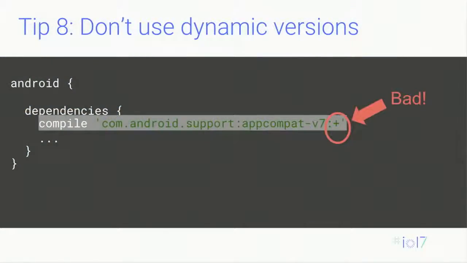Now, tip 8 is that you should not use dynamic versions. Gradle provides a very convenient way for you to tell Gradle that, hey, I want to use the latest version of this library through this plus symbol here. Now, it's bad for a couple of reasons. From a performance perspective, that will make Gradle check for new versions of that library every 24 hours, causing your dependency resolution time to increase.